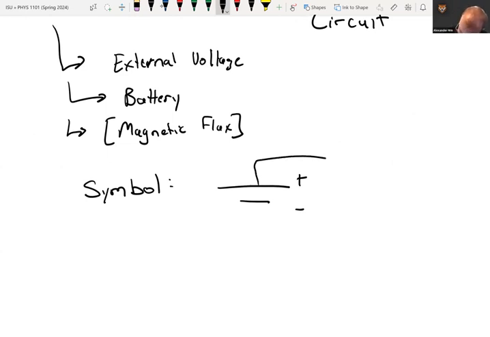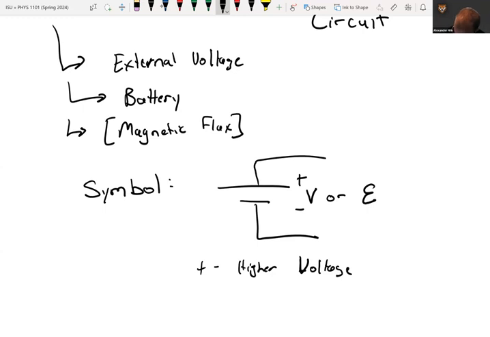A lot of times you'll just label it. Sometimes you'll label it V, or occasionally you'll see this weird cursive E. I don't really like that. I really prefer V. So that's how you'll see me do it in my diagrams. But basically what you're saying is that the plus side is higher voltage. The minus side is lower voltage.